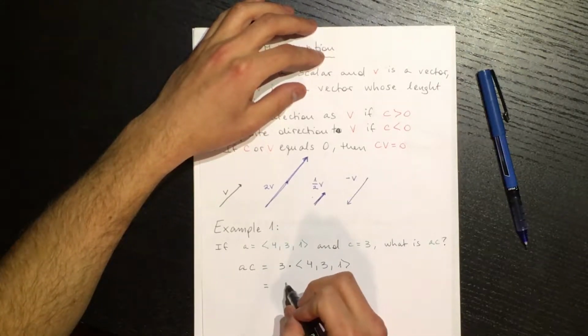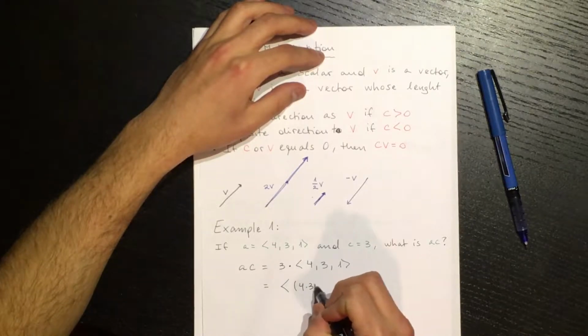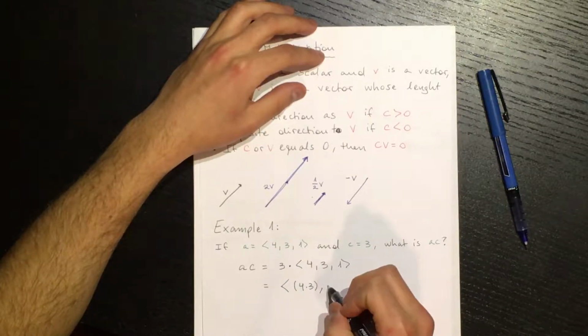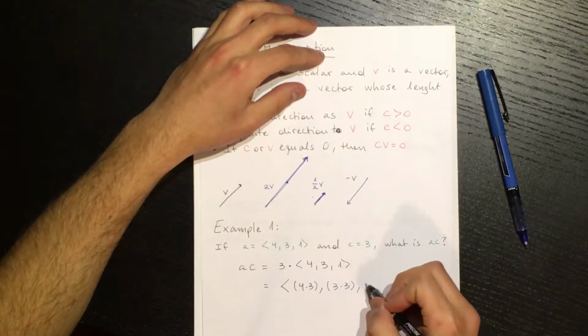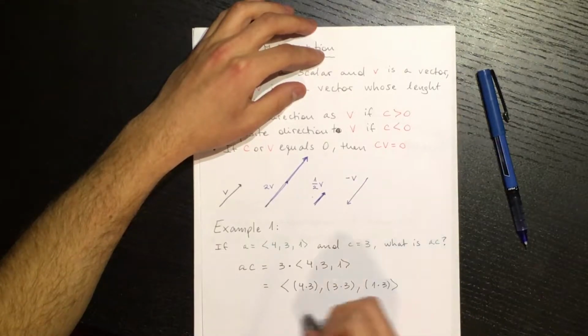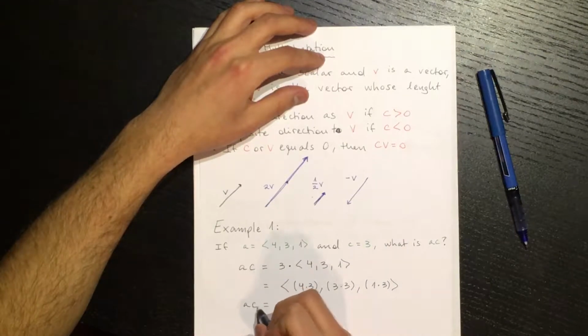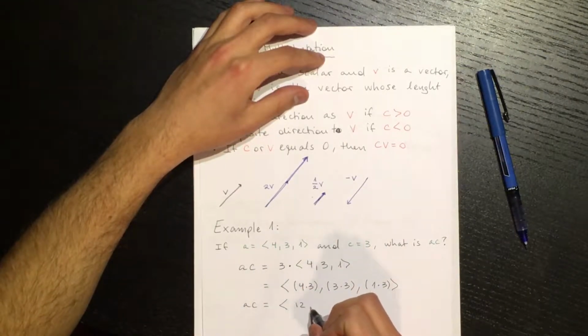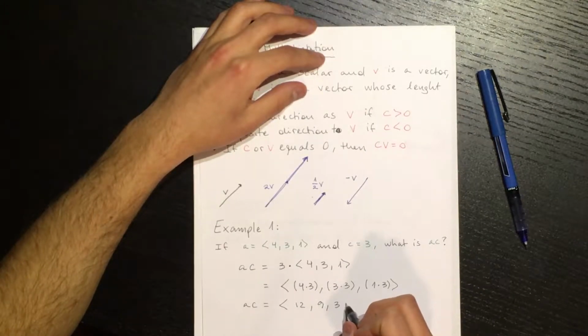So this is going to be 4 times 3 in the x direction, then 3 times 3 in the y direction, and then 1 times 3 in the z direction. At the end, we're going to have that cA is 12, 9, and 3.